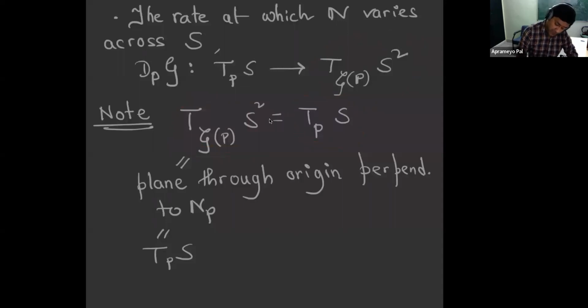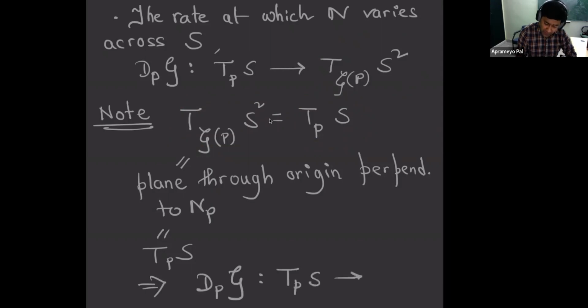So let me conclude on this page. So then we have d_P of the Gauss map is a linear map from the tangent plane T_P S to T_P S, right? And that's exactly what we are now going to define as the Weingarten map.